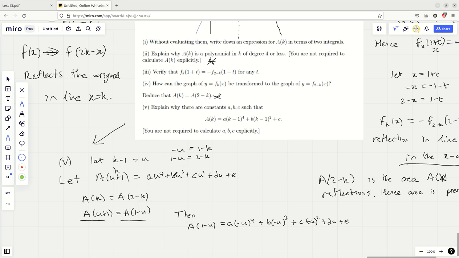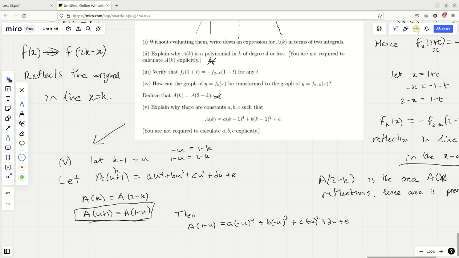You can see it from the k point of view, or from the rearrangement. Since these two are equal, you can swap a u with a minus u in here, and that's the case.